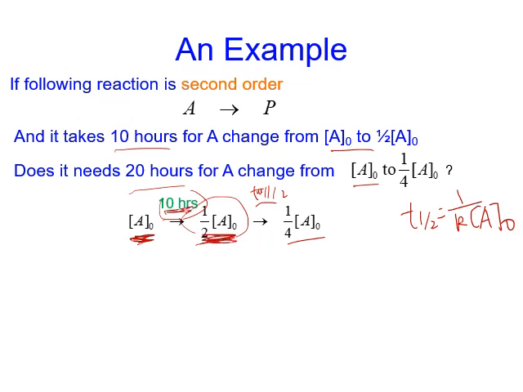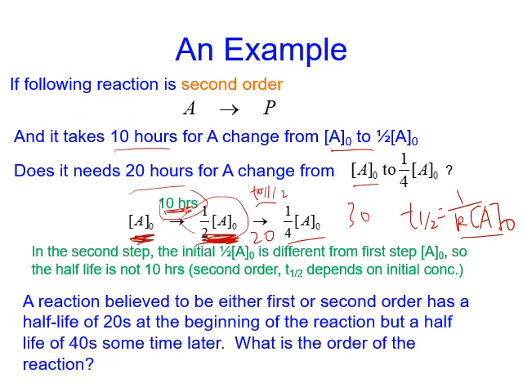When the initial concentration becomes half of it, then this equation tells you the half-life should be longer, twice as long. It's inversely proportional. So if the initial concentration becomes smaller, then the half-life becomes longer. It's twice, so that should be 20 hours here. And so the total should be 30 hours.